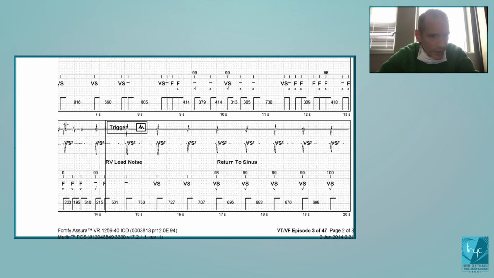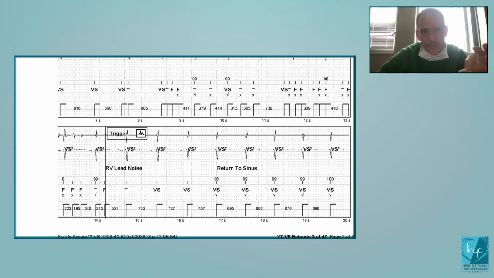When there is a tachycardia here and here, if this is a real arrhythmia, the idea is to deliver therapy. In case of noise, the idea is to inhibit the therapy and then to alert the center and alert the patients. Okay, and this algorithm, I think, is really working really, really well to avoid inappropriate therapy.